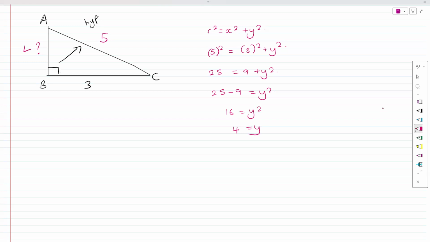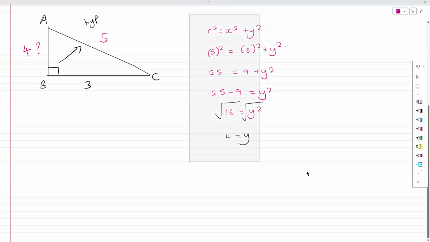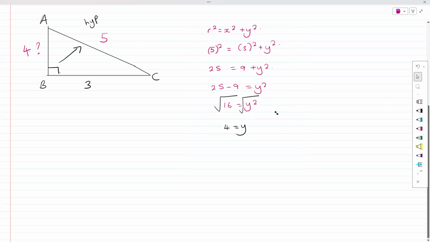I'd also like you guys to understand that whenever you square root something, it's plus or minus 4. But for now, just for the teaching, I think we can get away with just using 4. Now, this is more grade 9 and 8 work, and it's really important for 2D trig.